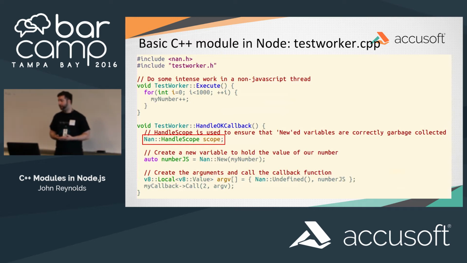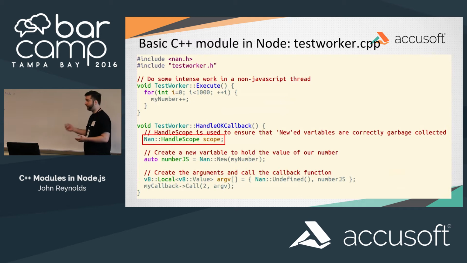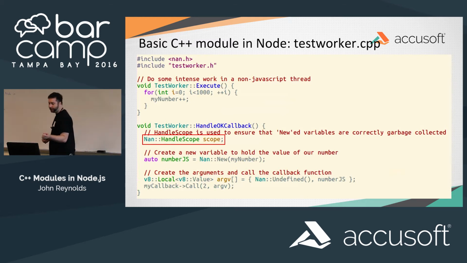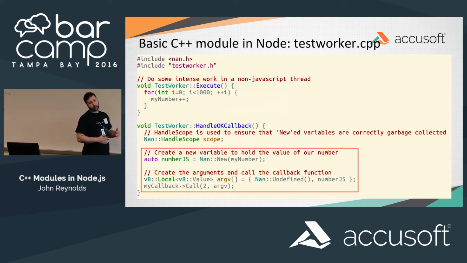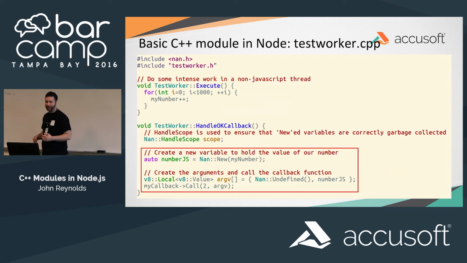There's handle escapable scope, for example, if you want to return a JavaScript object up a function. But this is very easy. It's almost plug and play where you just drop that in a function if you're creating new JavaScript objects.